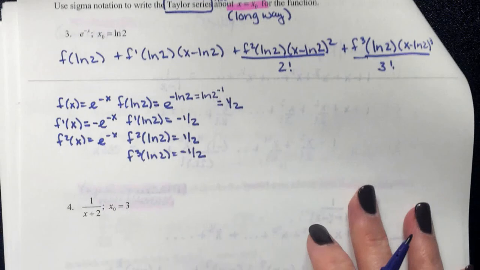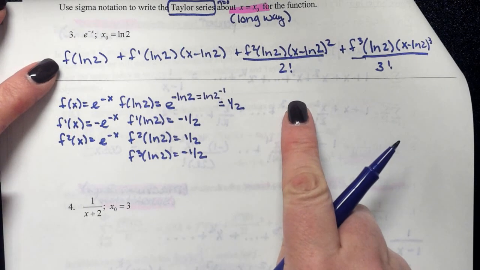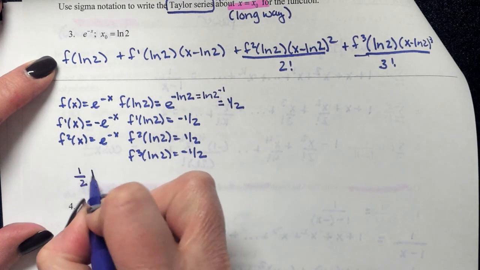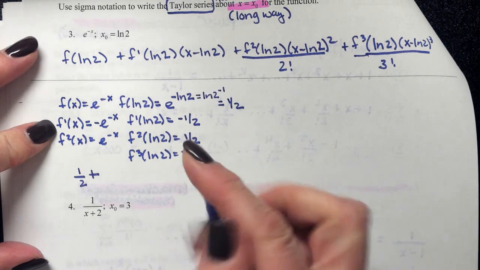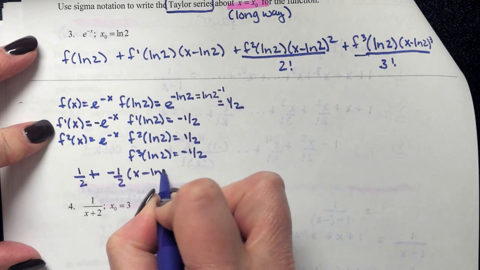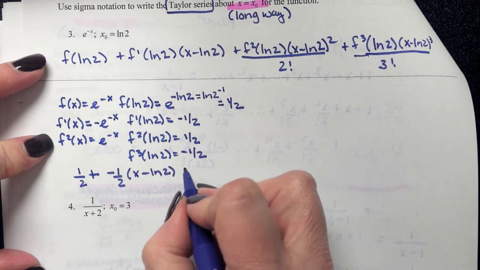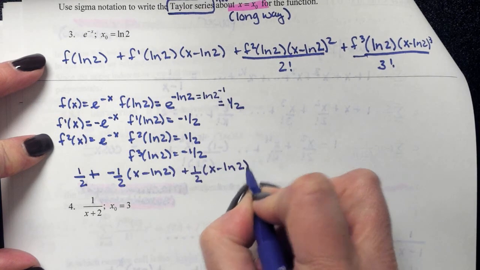So then to plug these values into my Taylor series that I've started, f of natural log of 2 is 1/2 plus f prime of natural log of 2 I found was negative 1/2, so that's going to be a negative 1/2 times x minus natural log of 2. Second derivative is going to be 1/2 times x minus the natural log of 2 squared.